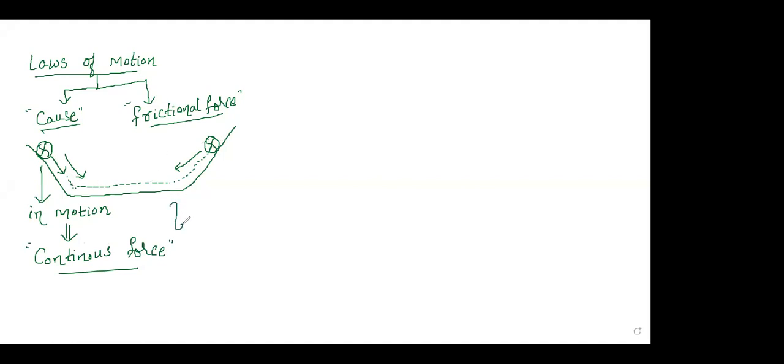This is what Aristotle states. So what is the statement of Aristotle? In order to keep the object in motion on this inclined plane, at every moment, at every point, you have to give a continuous force to keep this object in motion. This is the statement of Aristotle.